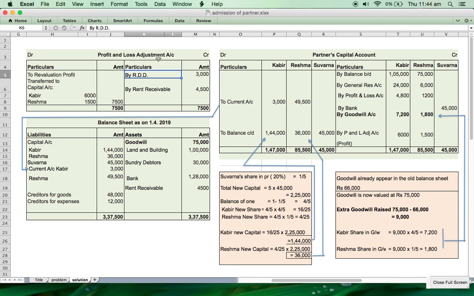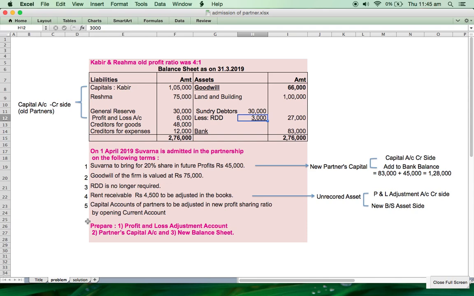Whenever we increase RDD, we show it at the debit side of P&L adjustment account, and wherever the RDD is no longer required, we show it at the credit side of P&L adjustment account. Second effect in new balance sheet, sundry debtors 30,000. Now we are going to show directly in the outer column because we are not going to reduce any RDD from this amount.